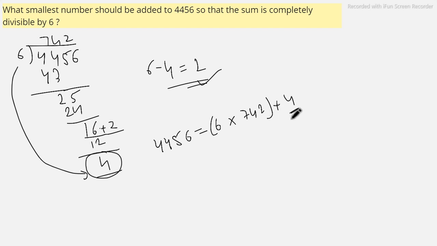So this is the only extra thing. If we remove this 4, then the number will be completely divisible by 6, because 6 into 742 gives it. So if the question asks what smallest number should be added, we do divisor minus remainder, that is our answer 2. And if it says smallest number to be subtracted, then that will be the remainder.